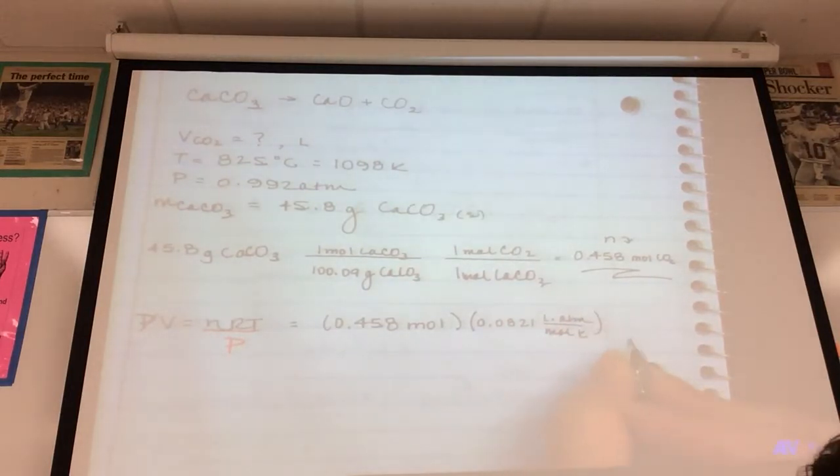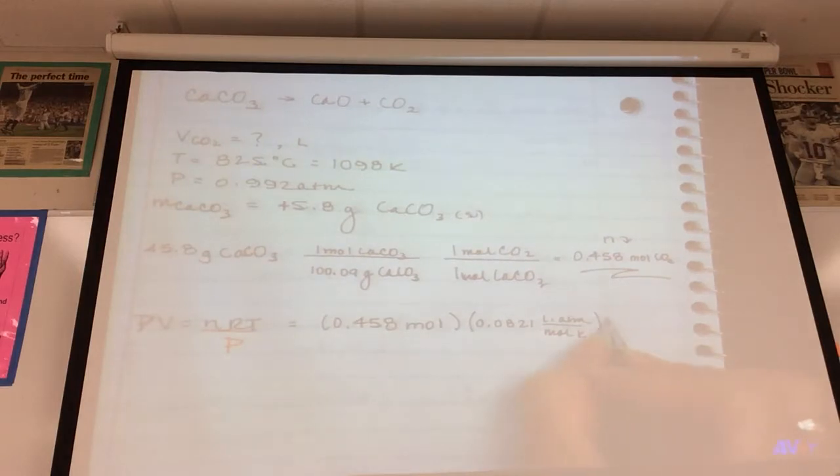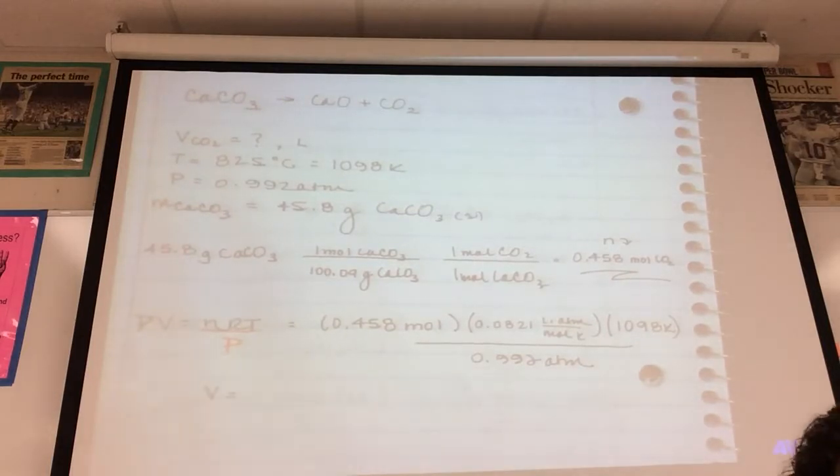That is a constant that's provided to you. They may give you 0.08206. They're both going to come out the same, don't worry. The temperature is very high at 1098 Kelvin. And we're going to divide by the pressure. And that will be the volume of the gas.